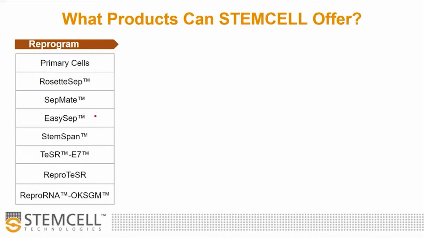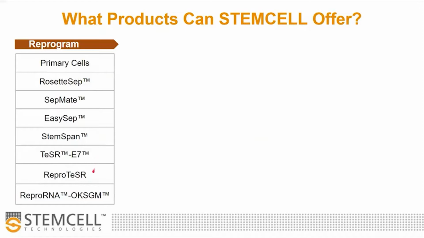RosetteSep, SepMate, and EasySep are different cell separation technologies that we can offer customers who are interested in blood reprogramming. And then also for blood reprogramming, we have our StemSpan media, which is for expansion of blood progenitor cells. Again, a very important piece of the blood reprogramming workflow, which we'll go through today.